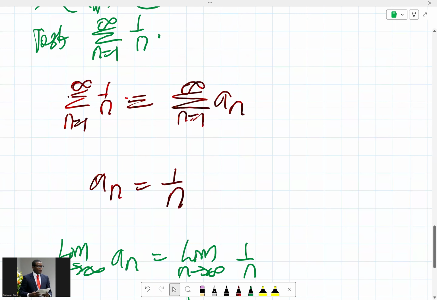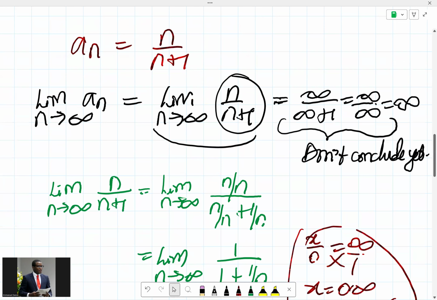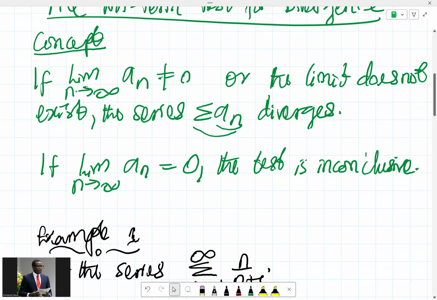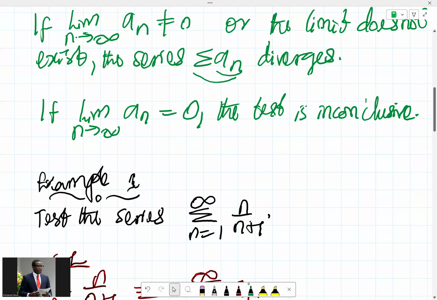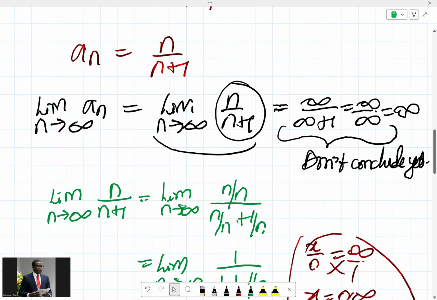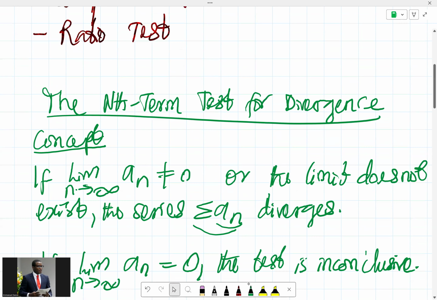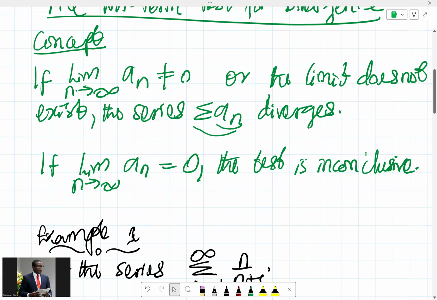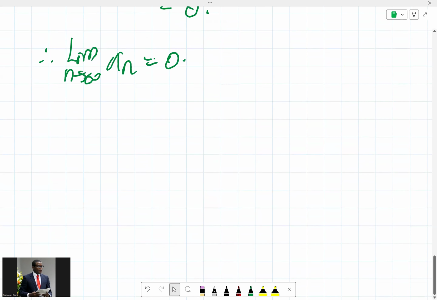And what is the second condition about 0? It says that if limit of an as n goes to infinity is equal to 0, then the test is inconclusive, because the test itself is in essence the nth-term test for divergence. So we are testing for divergence. It's either diverges or it's inconclusive for the nth-term test.